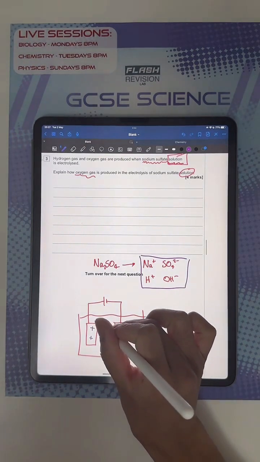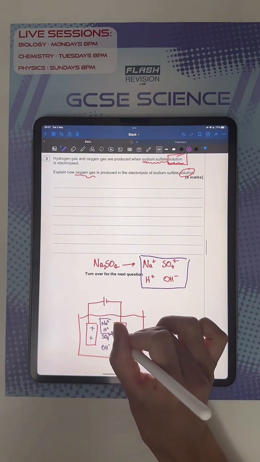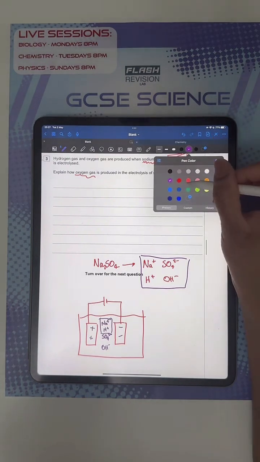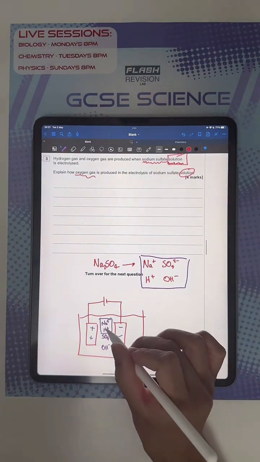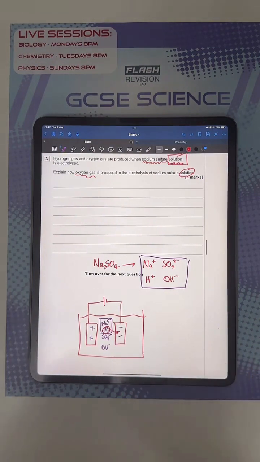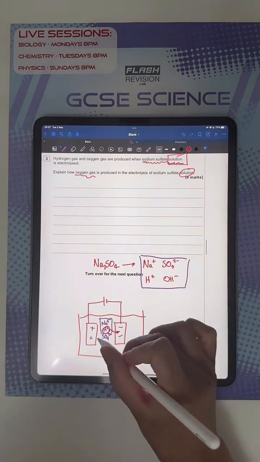So out of Na plus and H plus, which one's least reactive? This question is AQA. Yes, it is. H plus. Good. So this is why you need to know the periodic table pretty well. So it's going to be the H plus that goes. So the rule for the positive one is the less reactive one goes.